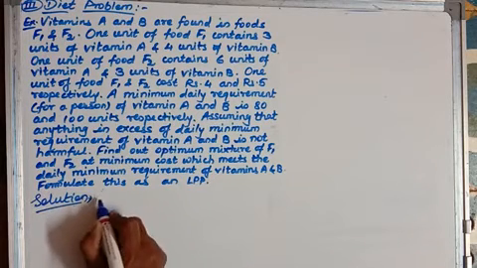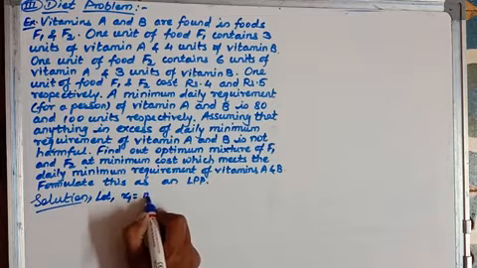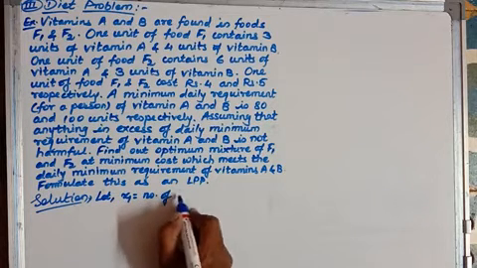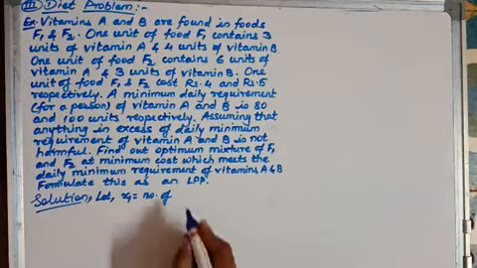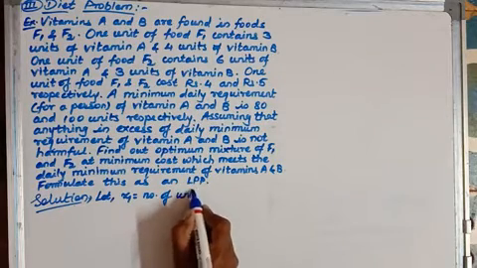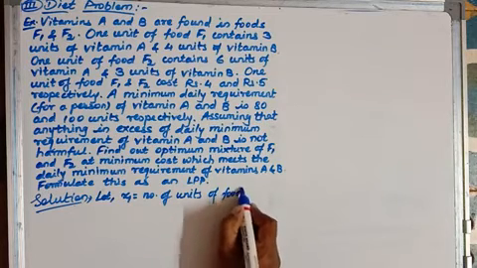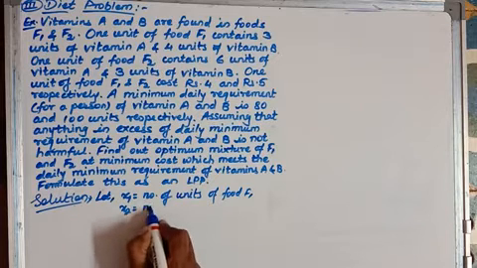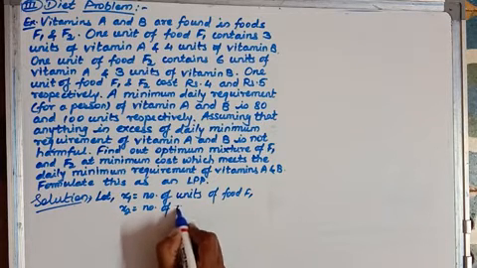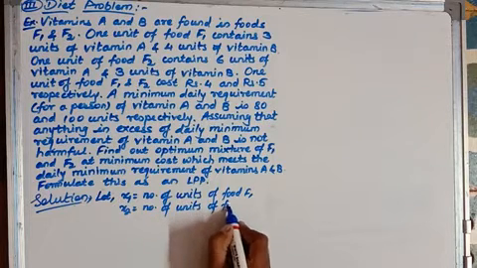So solution: let x1 equal the number of units of food F1, and x2 the number of units of food F2.